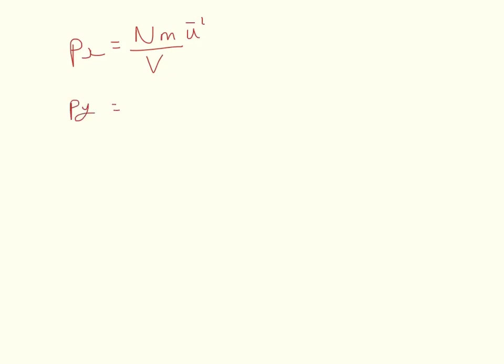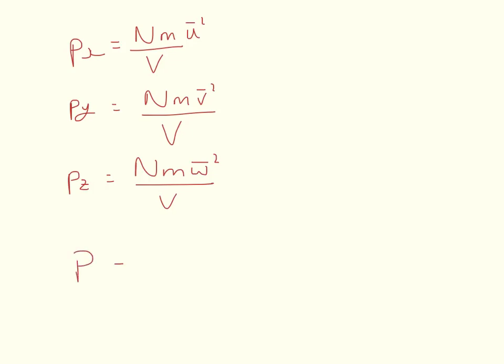Py is equal to n m v bar squared over v, and pz is equal to n m w bar squared over v. To work out the total pressure, we take the average of these 3. So the total pressure is going to be px plus py plus pz divided by 3.